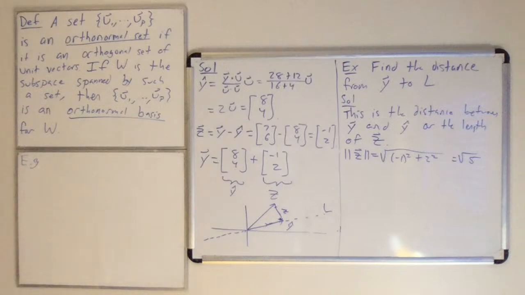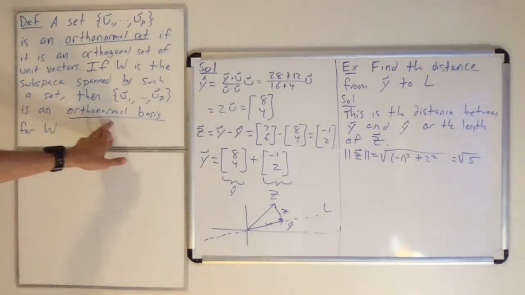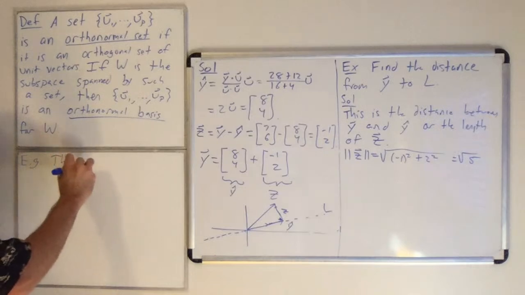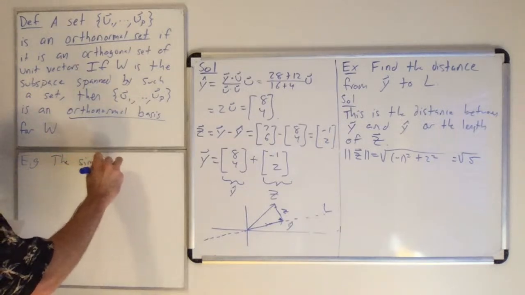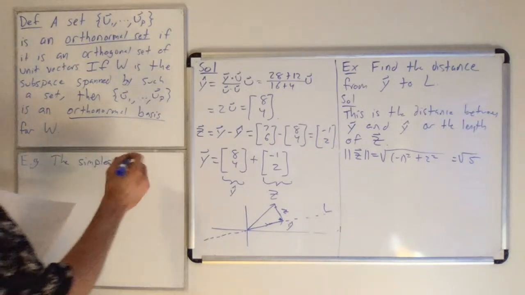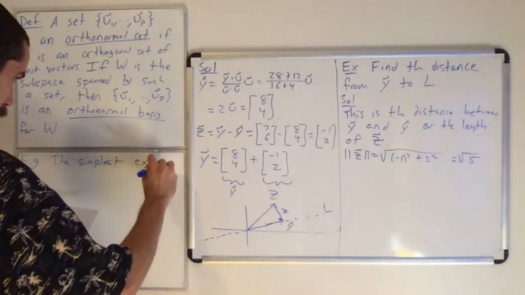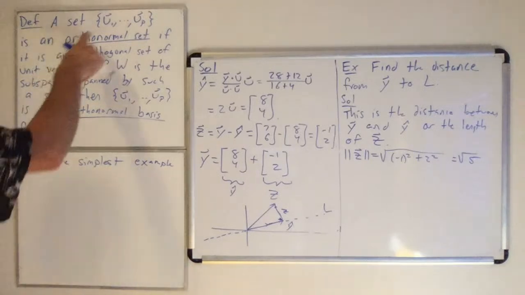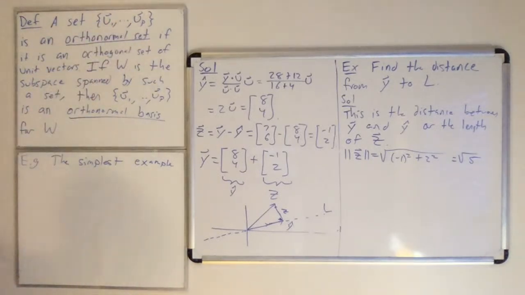Well, before we get to an example, can anybody think of an orthonormal basis for Rn? Do we have a collection of pairwise perpendicular vectors that are all of length 1 that span Rn?